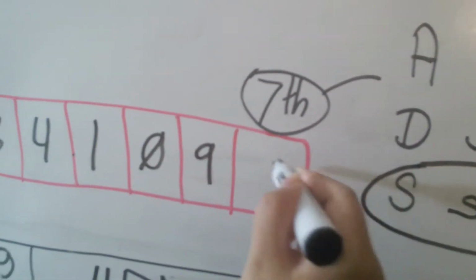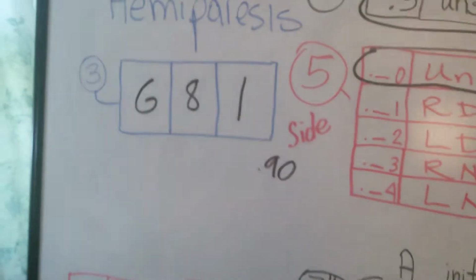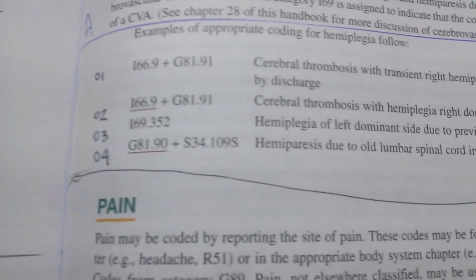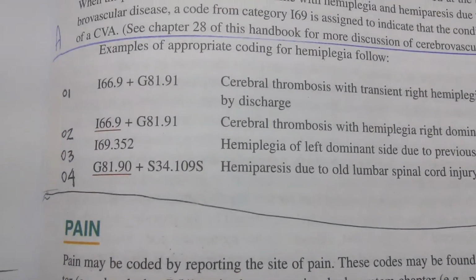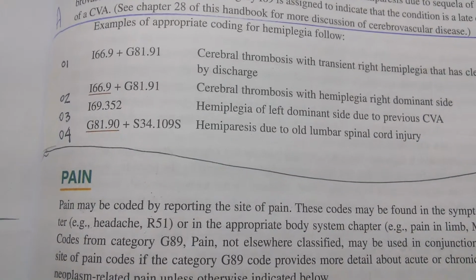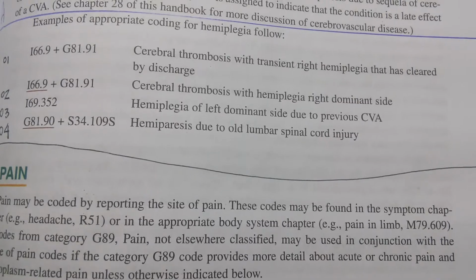There you go, and an S there. That's it. We have the 2 codes, and then we check with the answer, right? This is the first one, and this is the second one, and we check with the answer, and the answer is exactly the same right here. G81.90 plus S34.109S, hemiparesis due to old lumbar spinal cord injury.